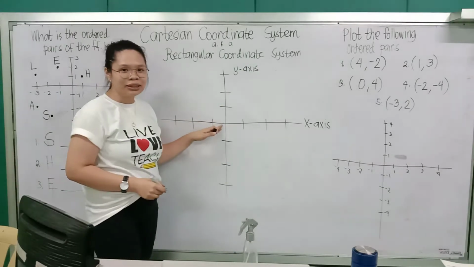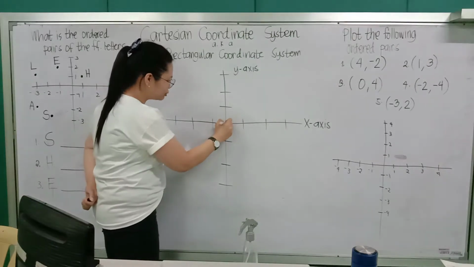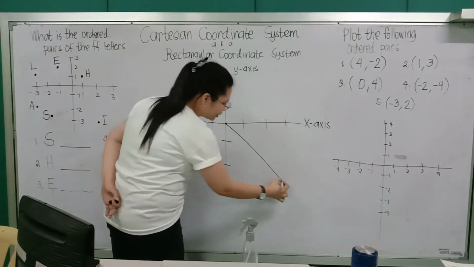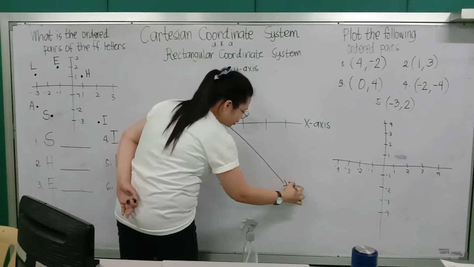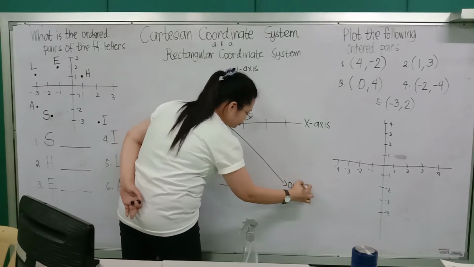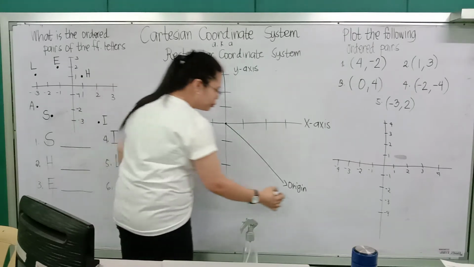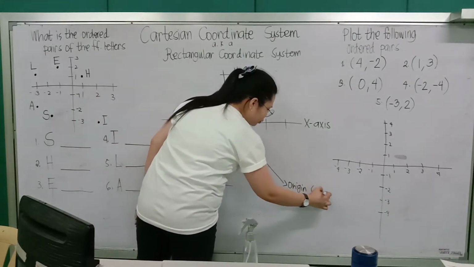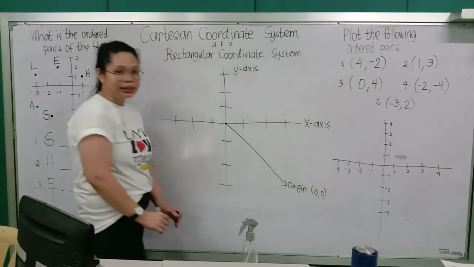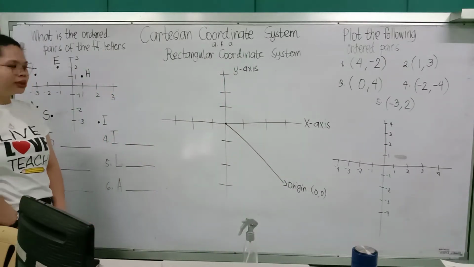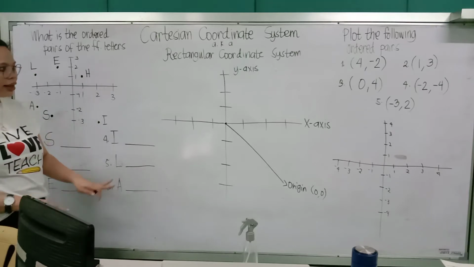Next is the middle. If you notice, this middle is the origin, which has an ordered pair of 0 and 0. So its x is 0, and at the same time its y is 0.